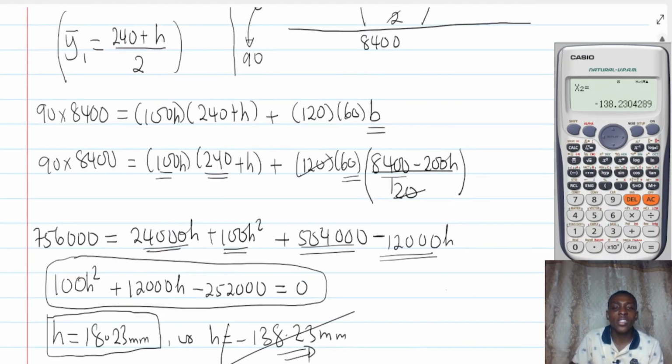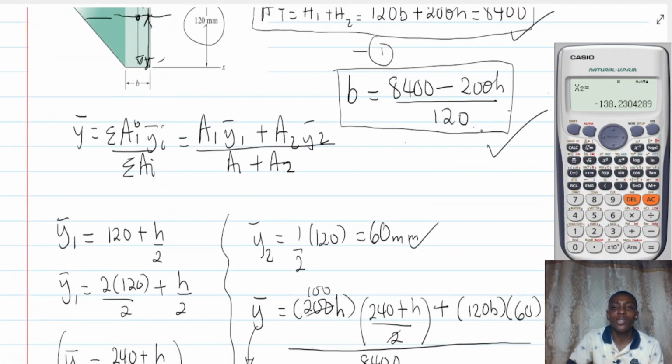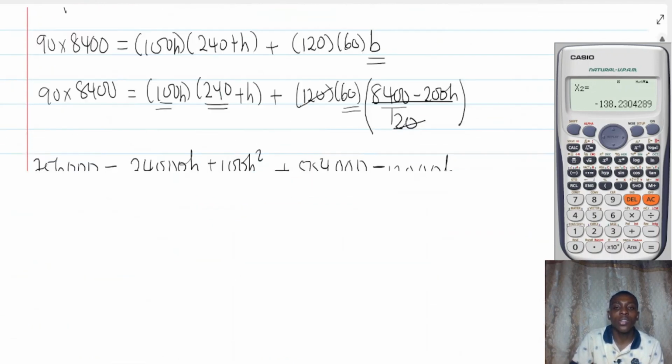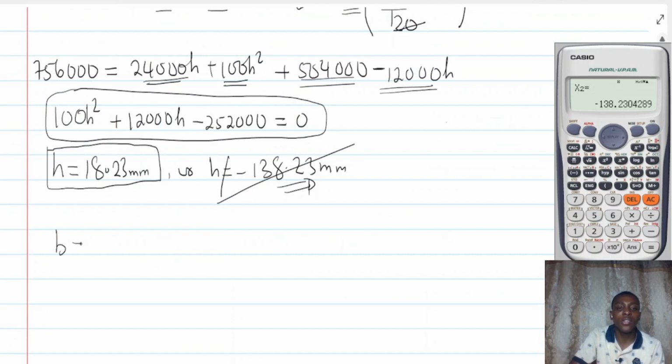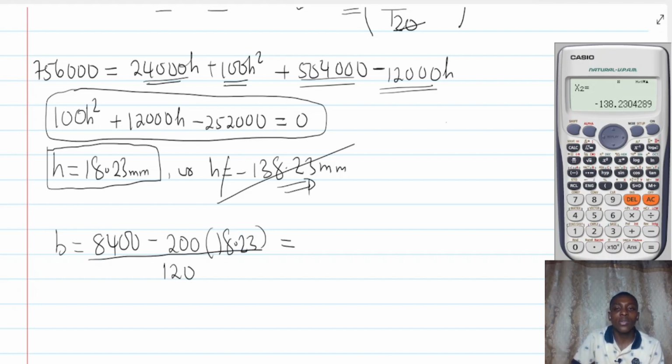Now, since h is 18.23, to solve for b, we will just put h equals 18.23 in this equation. So b is going to be 8400 minus 200 h, which is 18.23, all divided by 120. So let me clear.